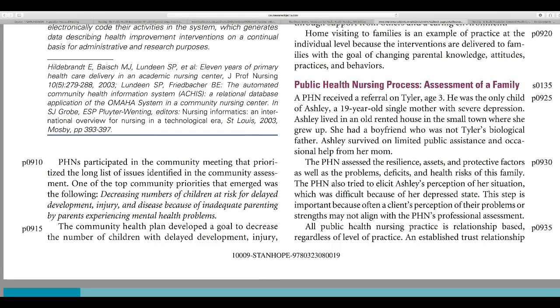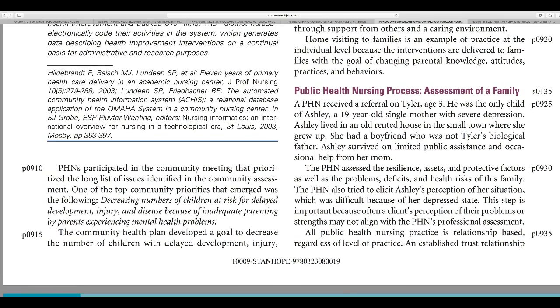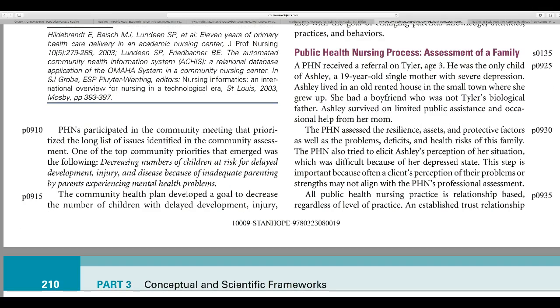The public health nurse assessed resilience, assets, and protective factors, as well as the problems, deficits, and health risks of this family. Remember, those are things that we assess as nurses. The nurse also tried to elicit Ashley's perception of her situation, which is difficult because she's in a depressed state. This step is really important.